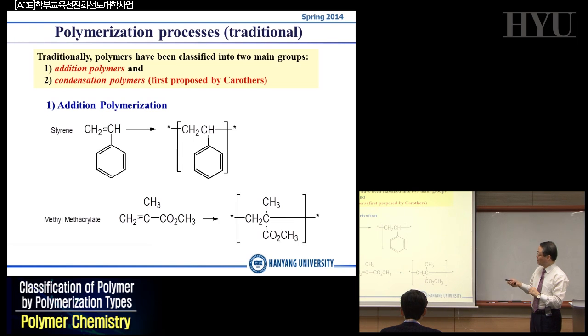Therefore, we put this as a star. This star could be a radical or ions. It could be an anion or cation. So we call this the active site.